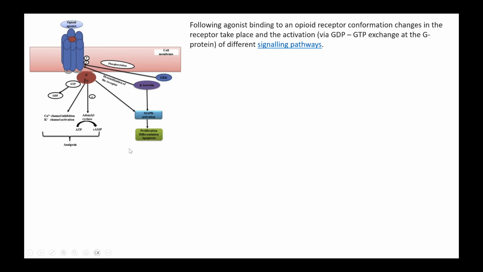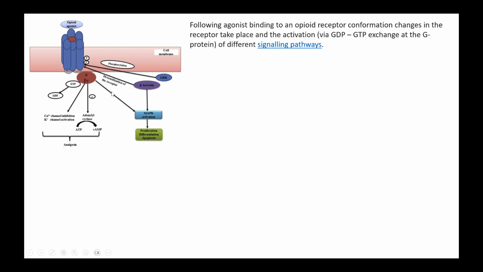What is not commonly given in all the other books is the modulation that is being done through the same receptor by activating some other mechanism, what is called the beta arrestin stimulation, which acts on the mitogen activated protein kinase and acts in a slightly different way to counteract this.